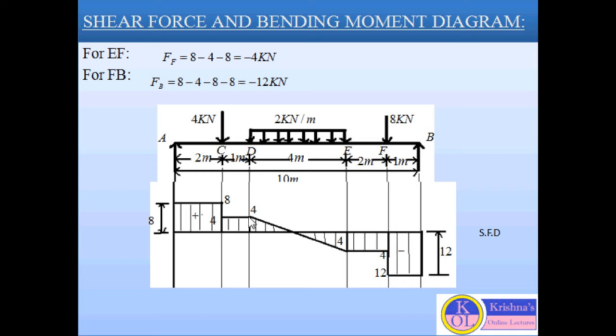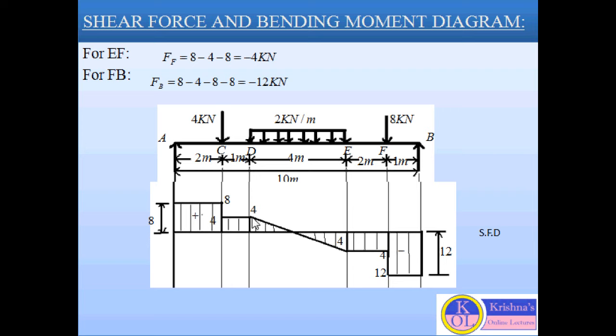So the shear force at point D is plus 4 and the shear force at point E is minus 4, and we already found the position where the shear force is 0, that is 5 meter, or the middle of this span.